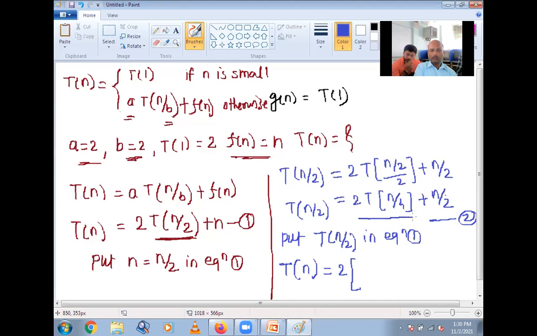Put this value: 2 T of n by 4 plus n by 2. Then the original n here from equation 1. Okay, see the screen carefully. If anybody has any query, please ask.